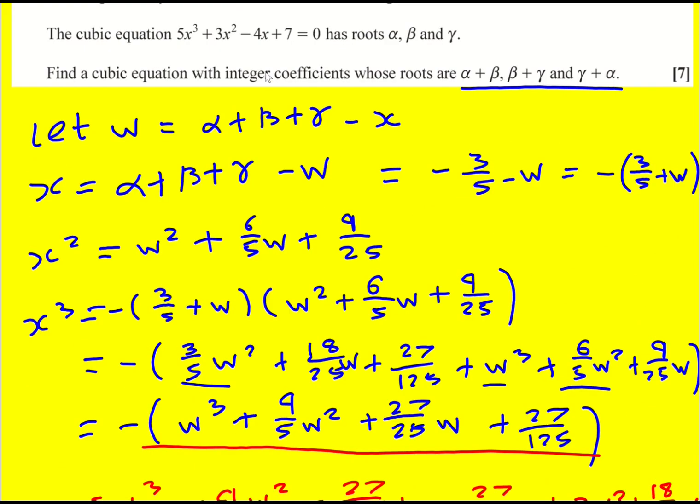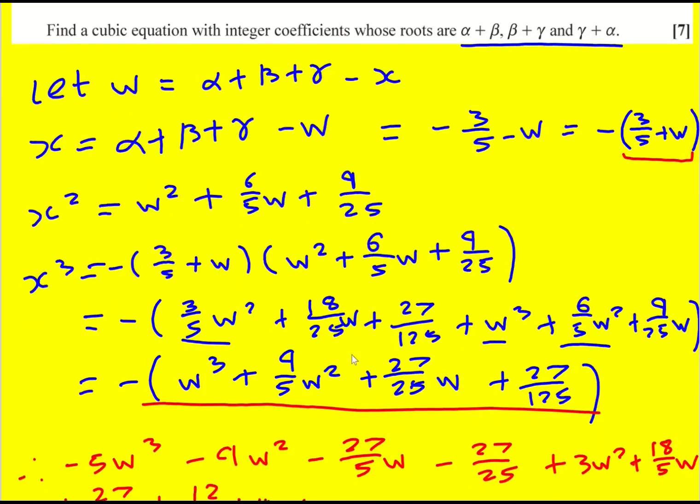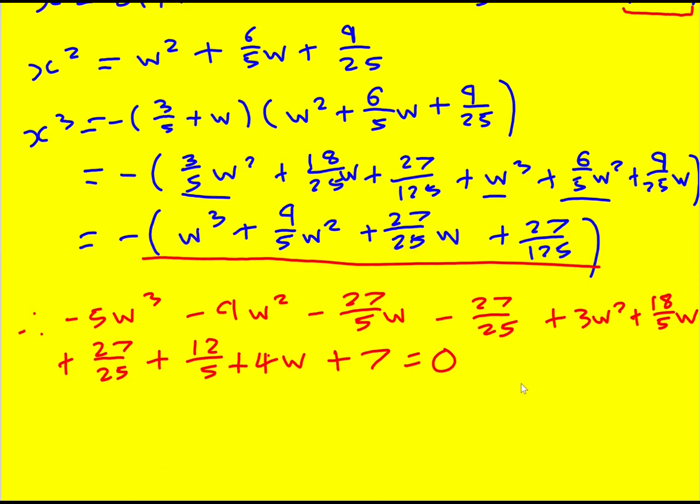Then I'm minusing 4x. So actually it's just going to become a plus here, and I'll get plus 12 over 5 plus 4w, and then plus 7 equals 0.